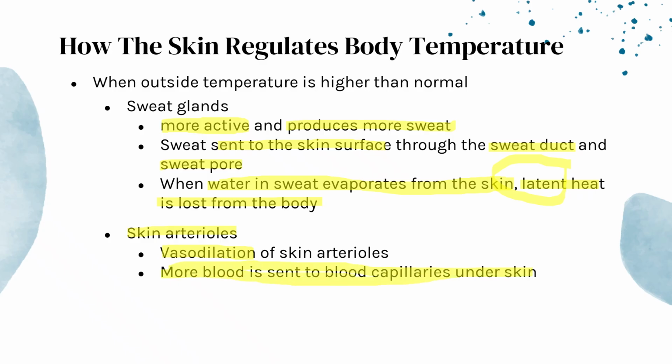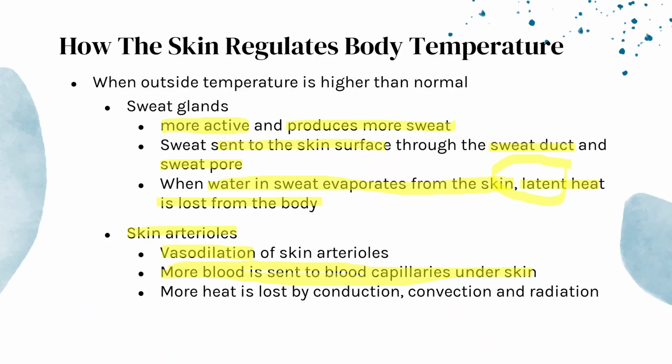So the channeling of blood directly under the skin has increased, and that's the reason why you feel flushed. There is a lot of blood going close to the skin surface, and because of the shorter distance, more heat can be lost by conduction, convection, and radiation. These three have to be written.